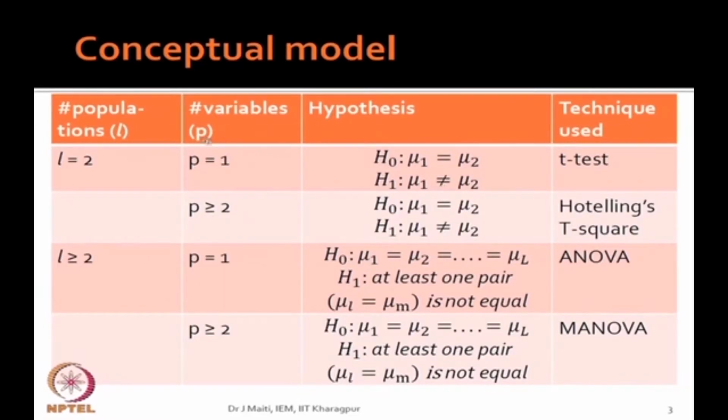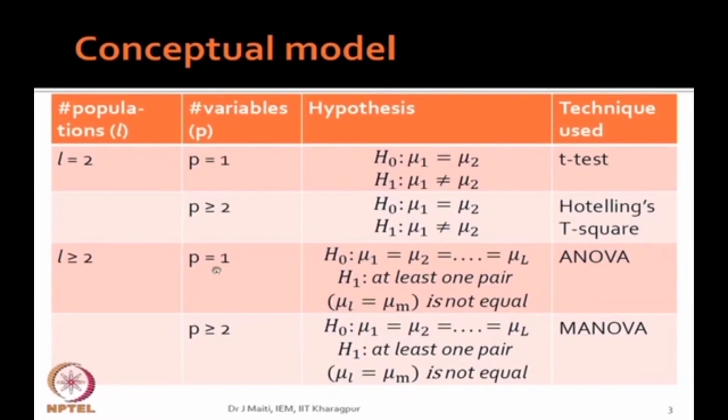For the p greater than or equal to 2 case, that is the multivariate case, here also H0 is mu 1 equal to mu 2 and H1 is mu 1 not equal to mu 2, but these mu 1 and mu 2 are in the vector domain, when p equal to 2, that is a 2 cross 1 vector, and we have used Hotelling's T square.